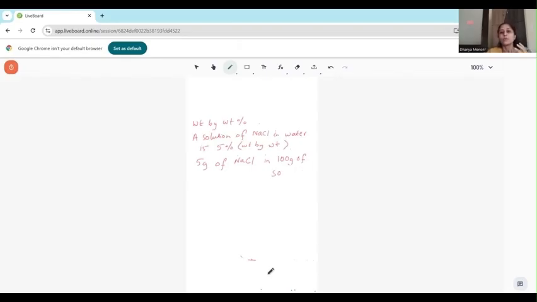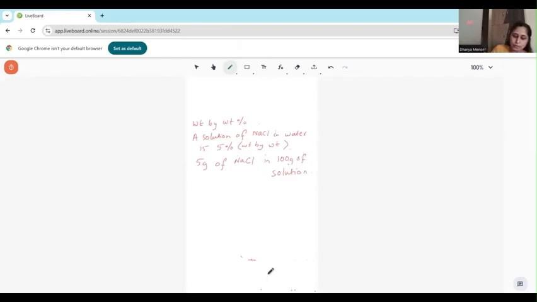So weight by weight percentage means the mass of the solute and the mass of the solution. We talk about how many grams of solute there are in 100 grams of the solution.